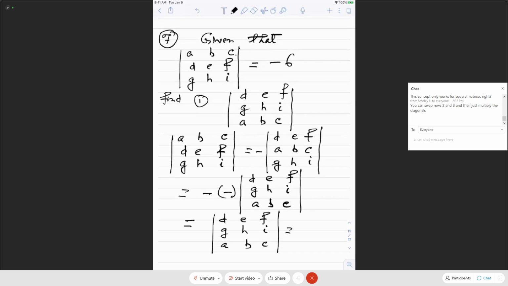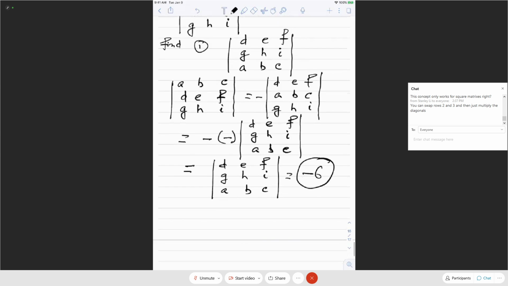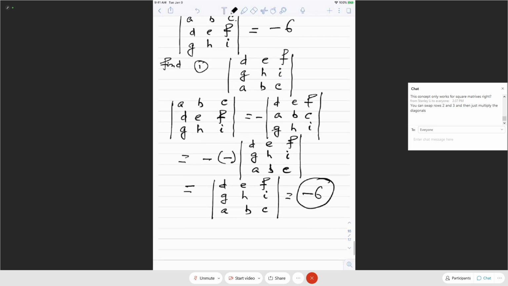But this determinant is minus 6, so this is minus 6. Got it?